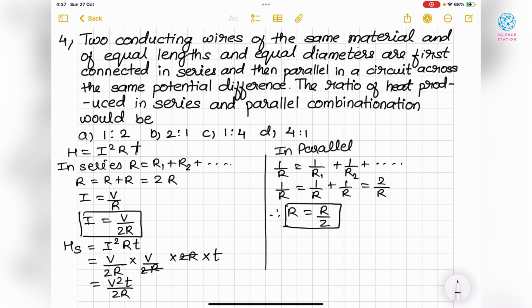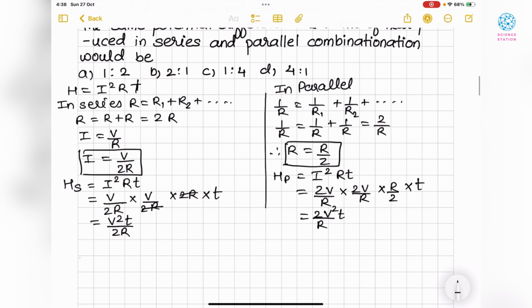So now HP will be I square RT. So that will be 2V upon R into 2V upon R into R by 2 into T. So that will come as 2V square upon R into T.